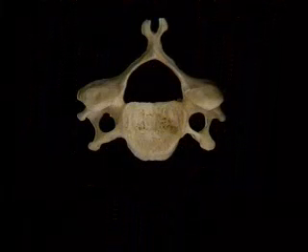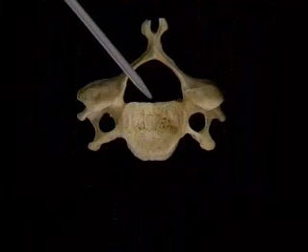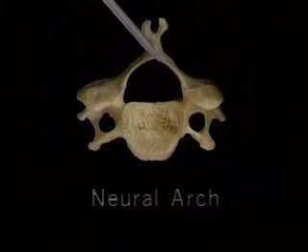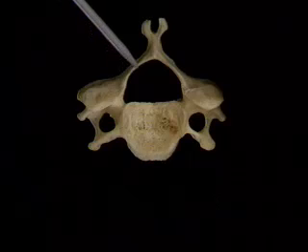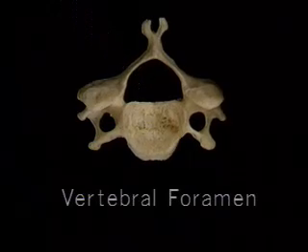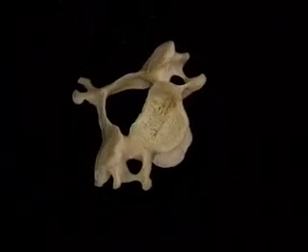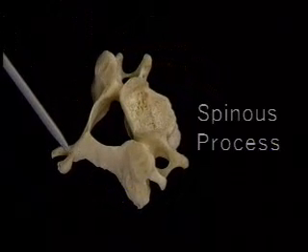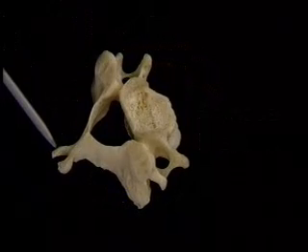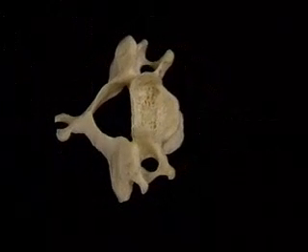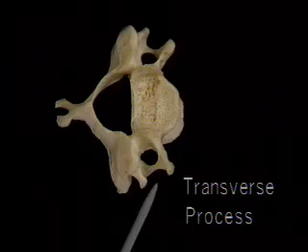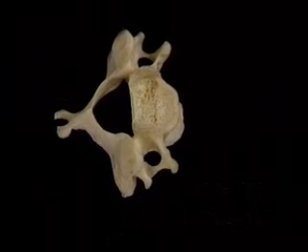As we've seen in Volume 3, a typical cervical vertebra has a body in front and a neural arch behind, enclosing the vertebral foramen. It has a spinous process behind, with 2 tuberosities, and a transverse process on each side, also with 2 tuberosities.